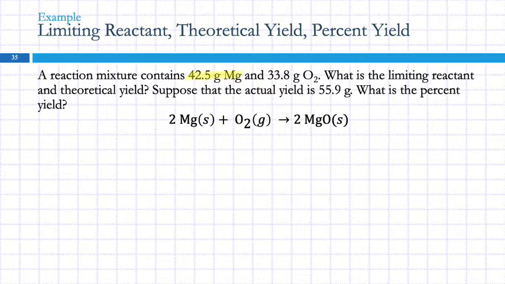So we've got grams of magnesium and grams of oxygen, and then we've got the actual yield is this. And then they're asking us several questions, aren't they? They want to know what the limiting reactant is. They want to know the theoretical yield, and they want to know the percent yield.